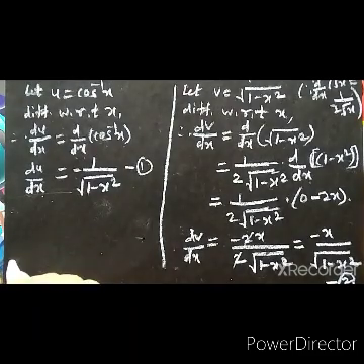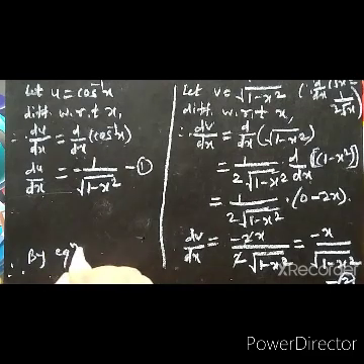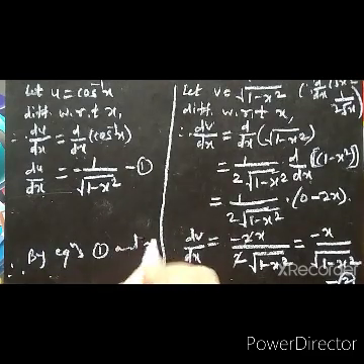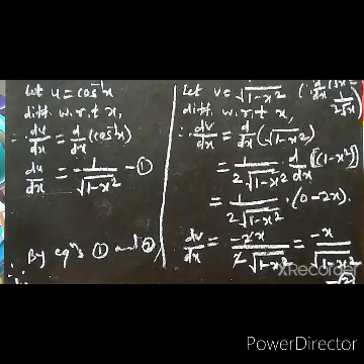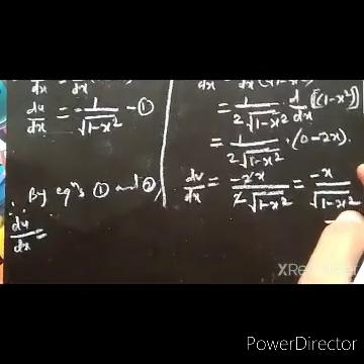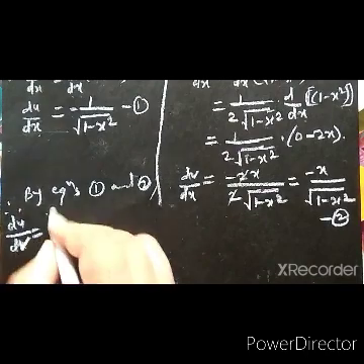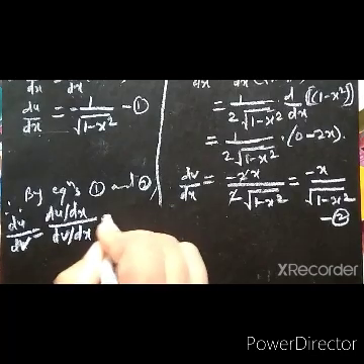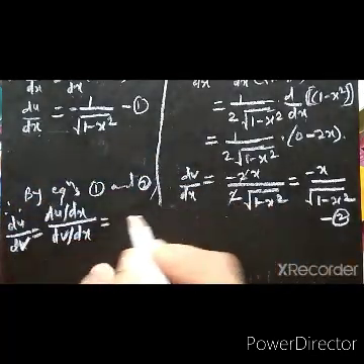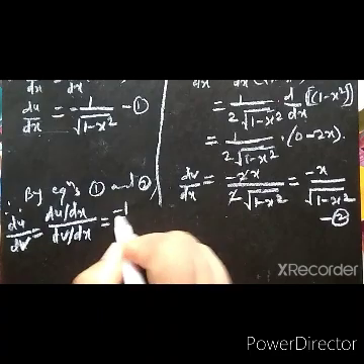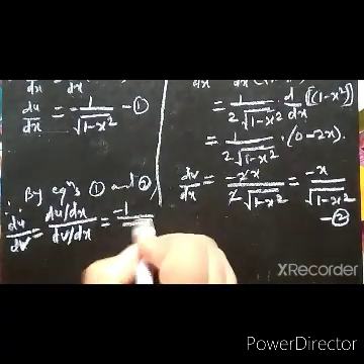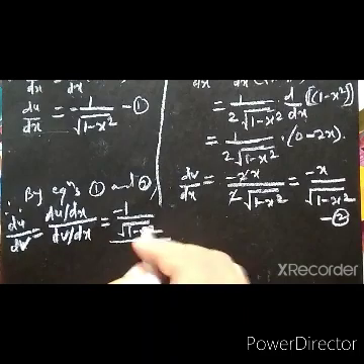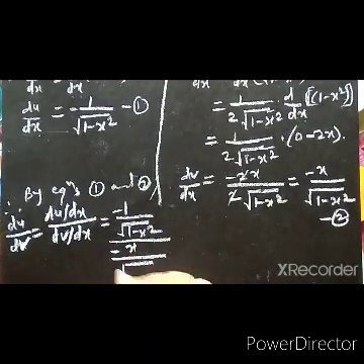Therefore, by equations 1 and 2 we get du by dv is equal to du by dx upon dv by dx. Now by equations 1 and 2 we put the values: minus 1 upon root 1 minus x square upon minus x upon root 1 minus x square.